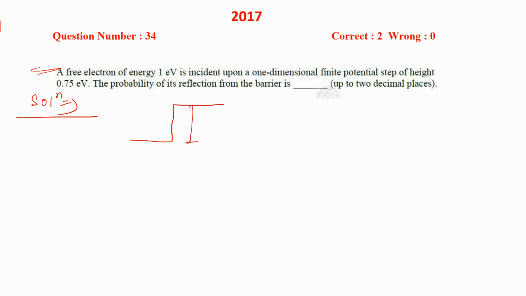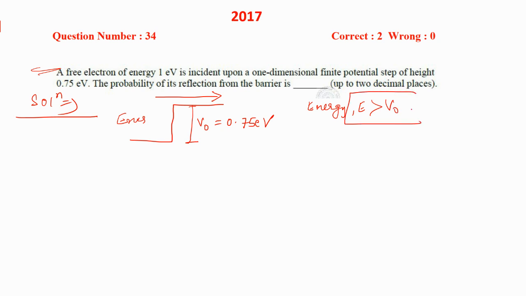V naught is given to you, 0.75 eV, and the energy of the particle is 1 eV. That means energy E is greater than V naught. You have to find out the probability of its reflection from the barrier. It's a very easy question.